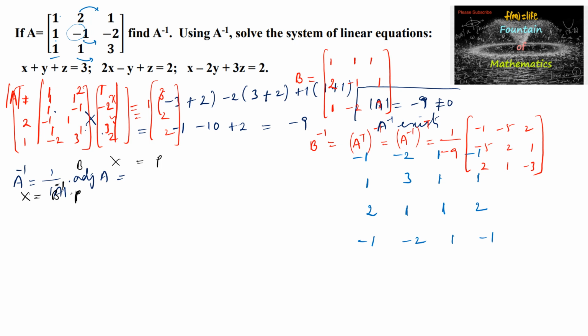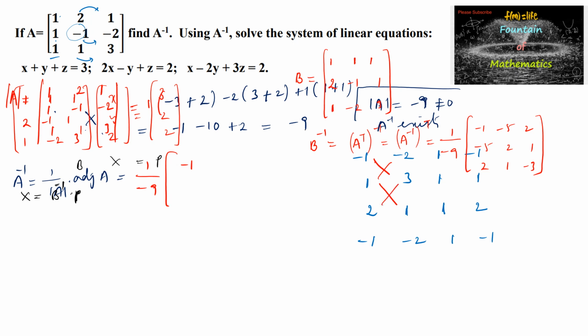Adjoint is nothing but the transpose of the cofactor matrix. So 1 upon minus 9 into, minus 1 into 3 minus 3 plus 2 is minus 1, and since it is a transpose I will take vertical and write horizontal.